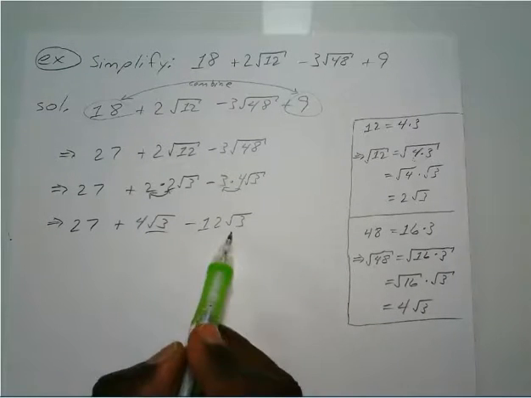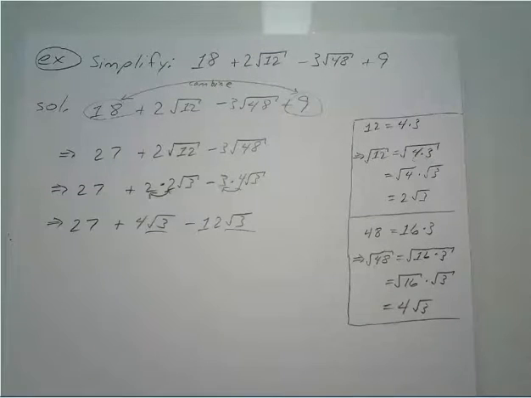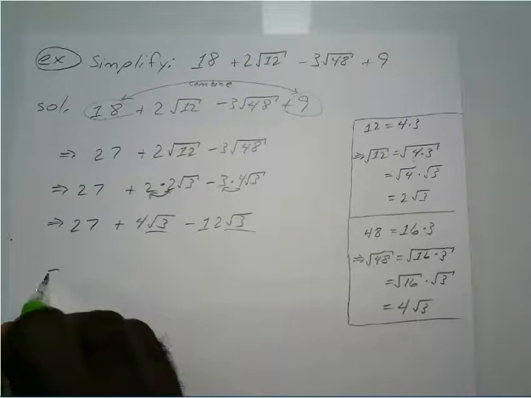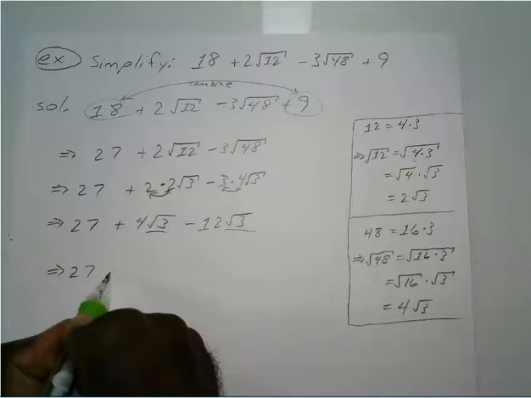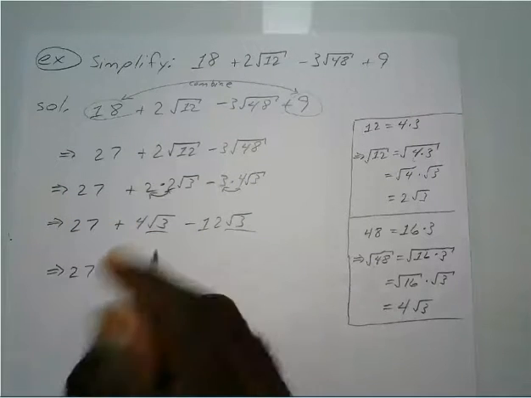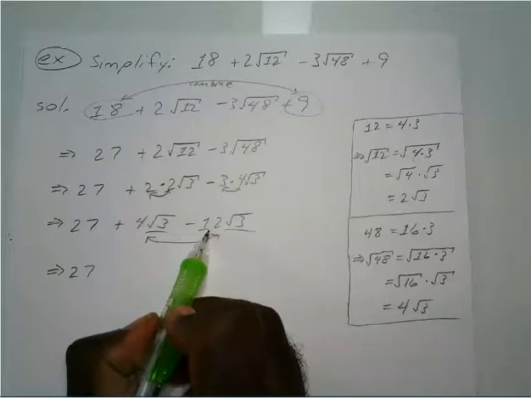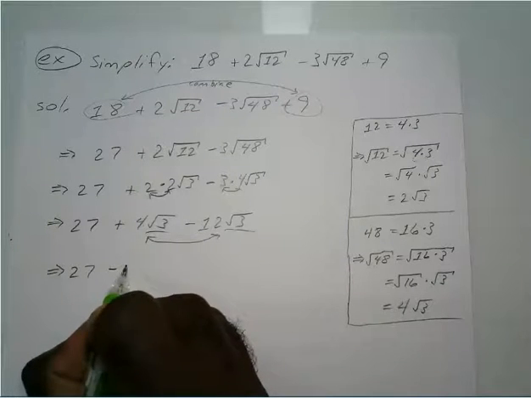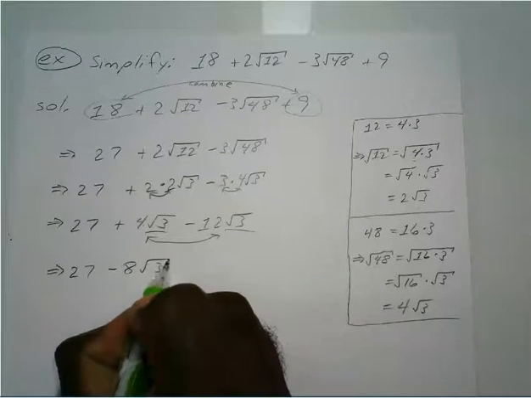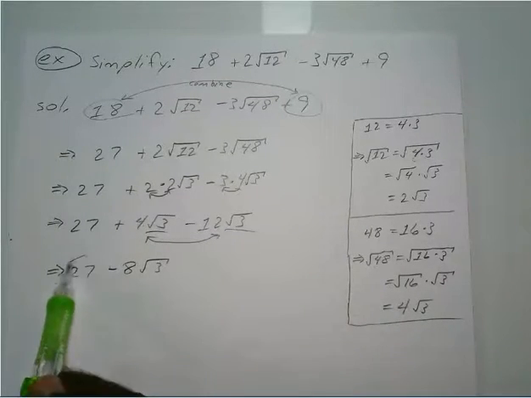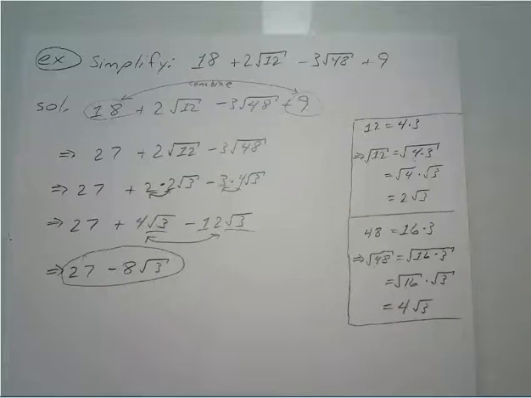Now, since these two roots are equal, we can combine them. So we end up with 27 minus, if we combine these two, 4 minus 12 is negative 8, so minus 8 square root of 3. Okay, so that would be your final simplified answer.